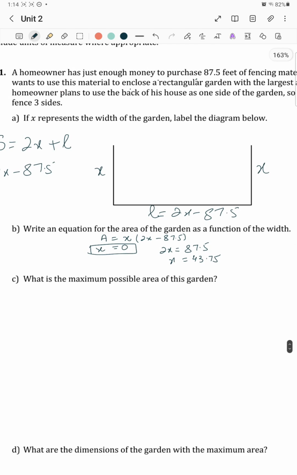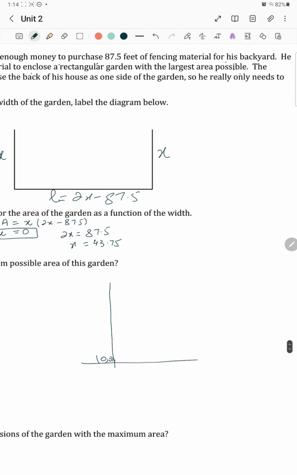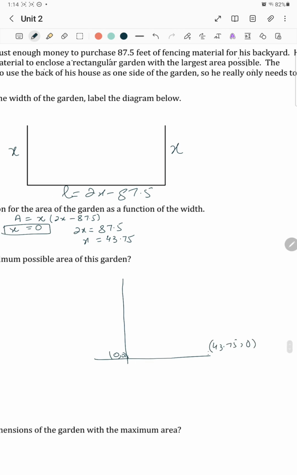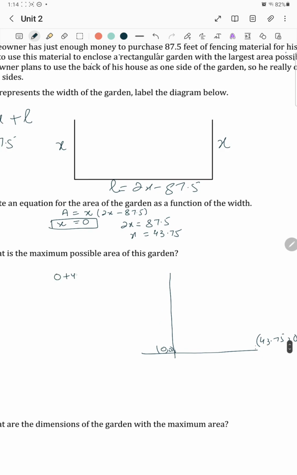What is the maximum possible area of this garden? So the maximum would be at 0 plus 43.75 divided by 2, which is equal to 21.875.